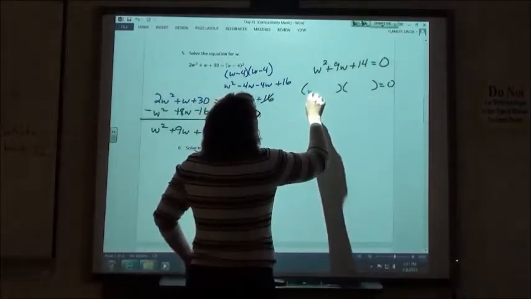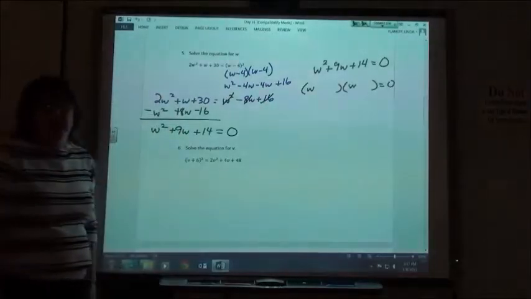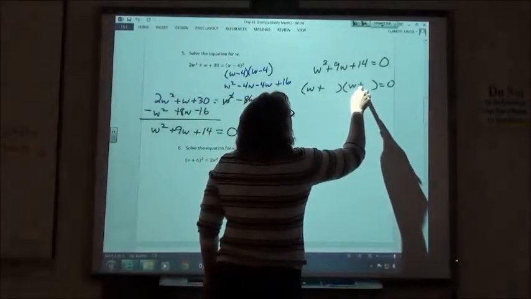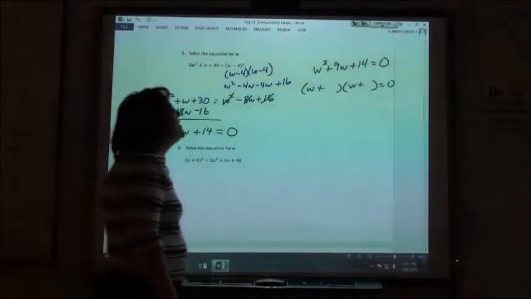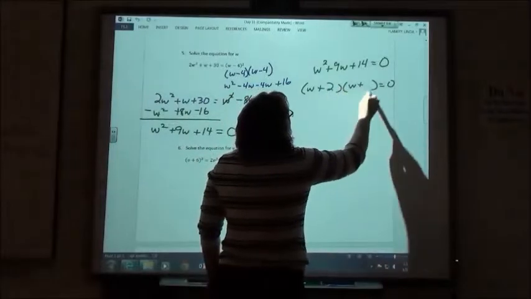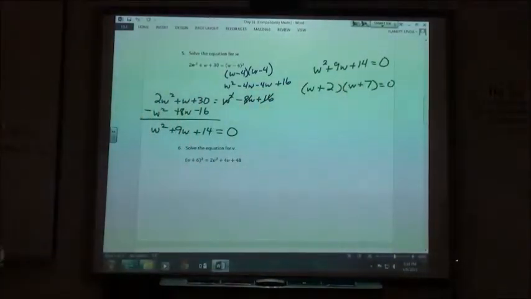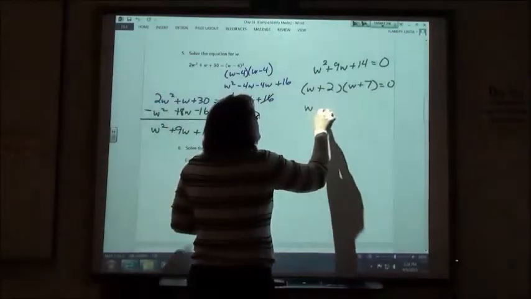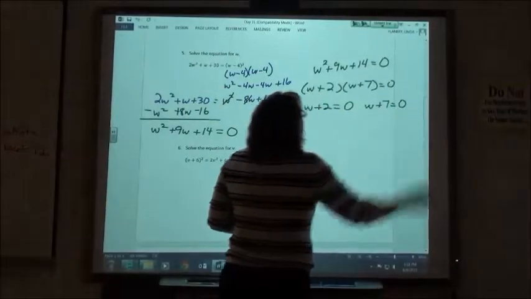Factors of w squared, w and w. My signs, the end is a positive, both are the same as the middle, a plus and a plus. Factors of 14 that add up to 9, 2 times 7. Right? 2 times 7 is 14, and 7w plus 2w is the 9w in the middle. So w plus 2 equals 0, or w plus 7 equals 0.